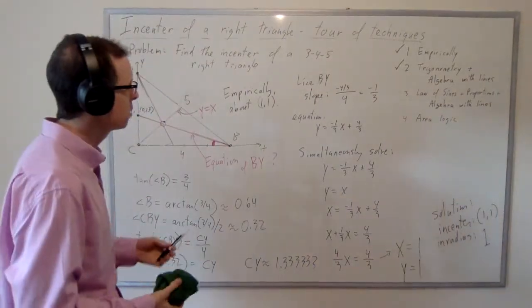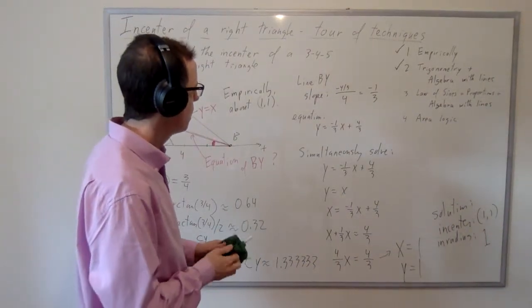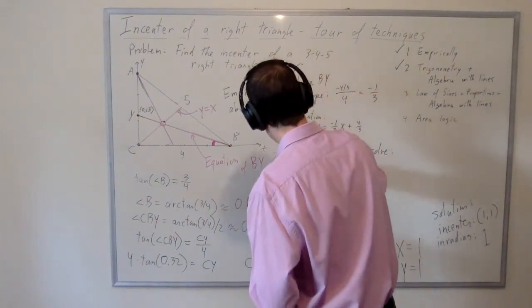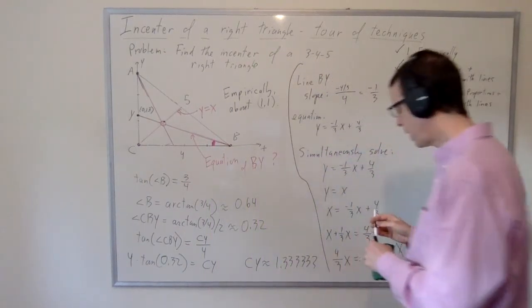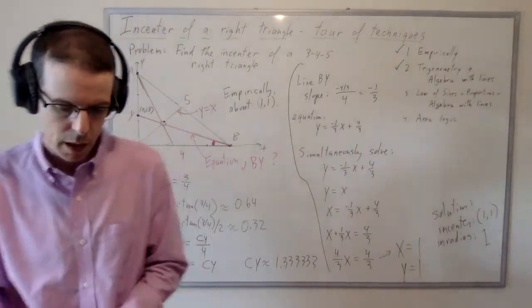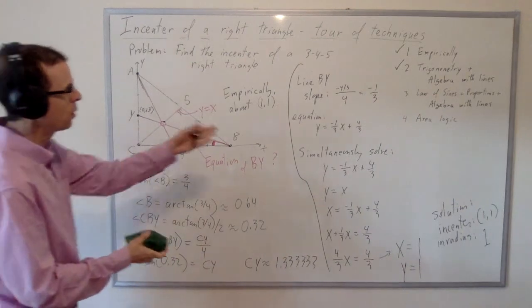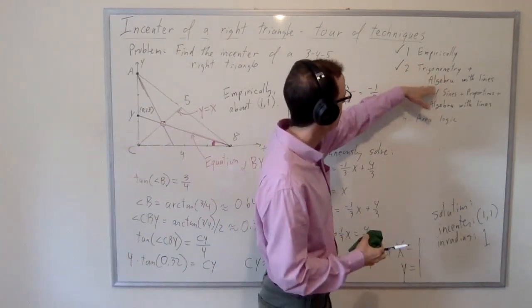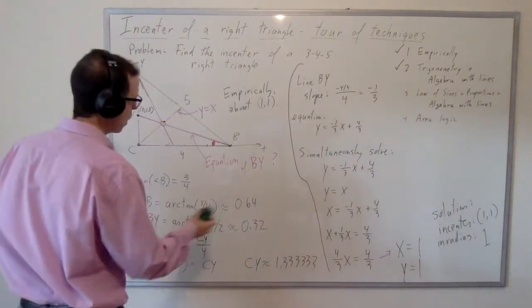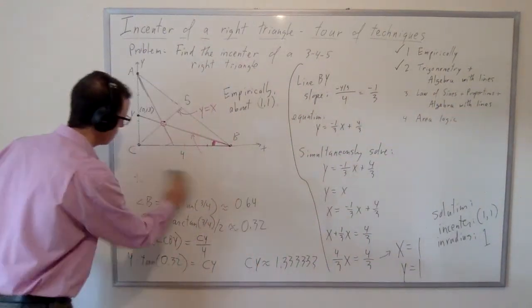So this is going to be a similar technique, and I'm actually going to preserve all of this work and try to get the work done in this small amount of space here, because there's something a little bit similar about the way it ends, right? This is trigonometry plus the lines, law of sines and proportions plus the lines. So let's do something different.